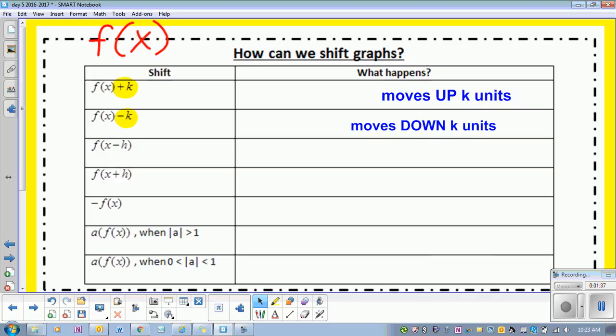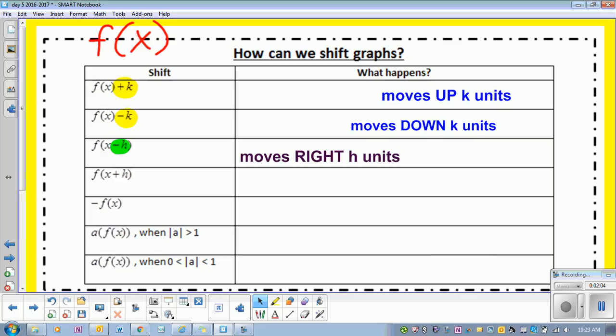So that was k on the outside. Now I'm going to take h and put it inside the parentheses with the x. So now I have an x minus h. If I have an x minus h, that moves it to the right.